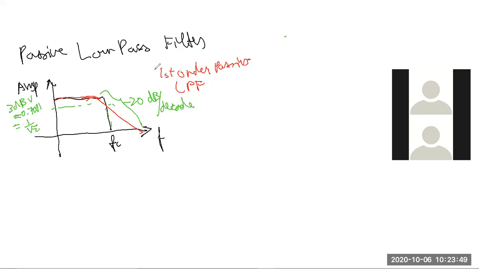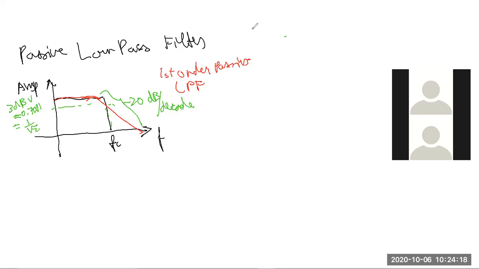So at 10 FC, for example, it will decay to 0.0701. At 100 times FC, so it's already 2 decades, it will decrease by minus 40 decibel or 0.007071, something like that. Okay, so where does this come from? Later we will derive it.